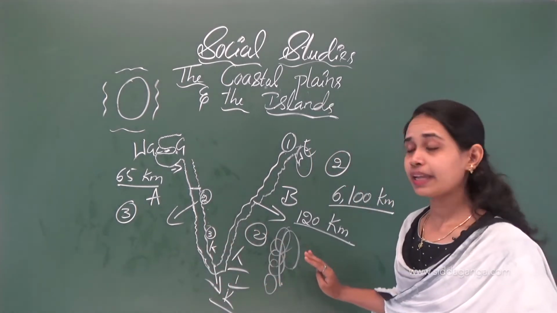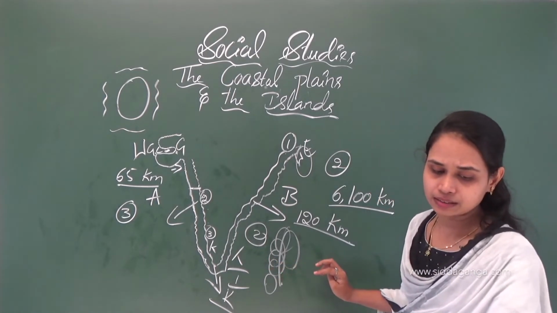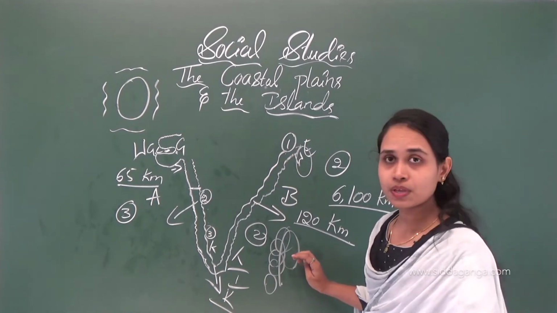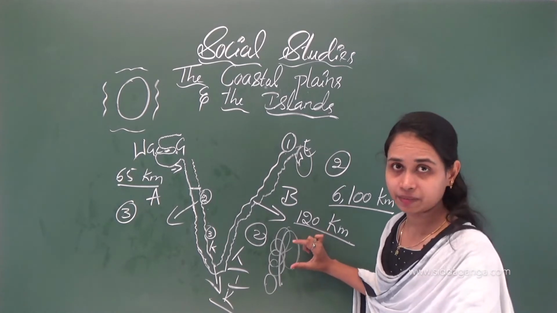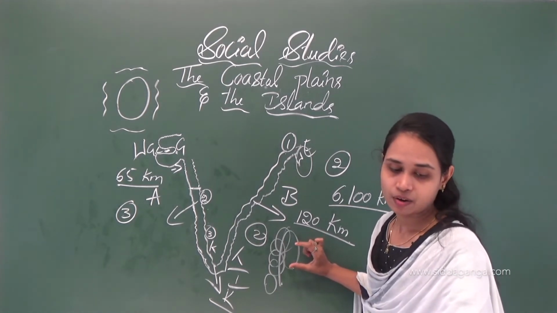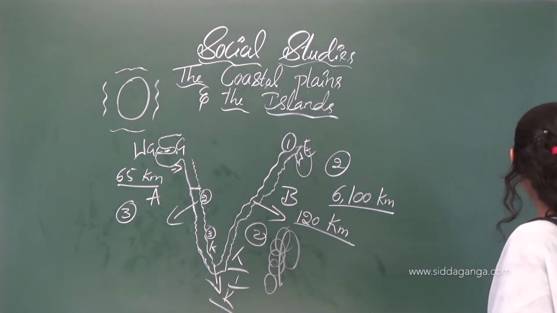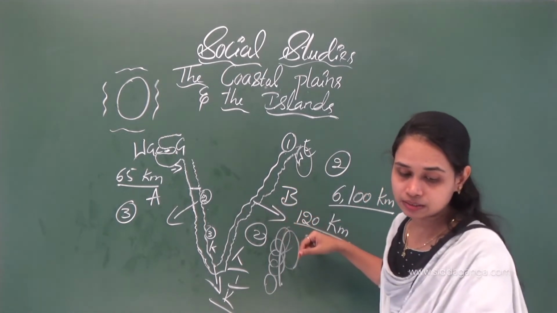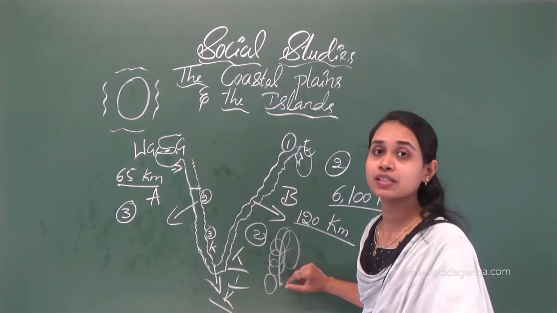So there are 2 groups of islands, separated by the 10 degree channel, with the Andamans to the north and the Nicobar Islands to the south.